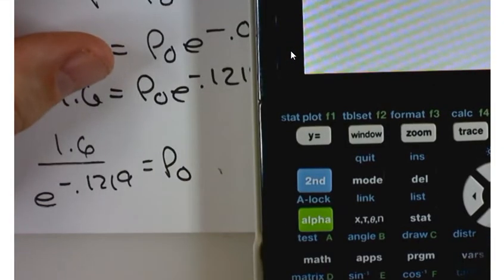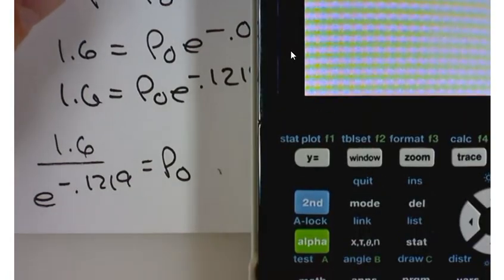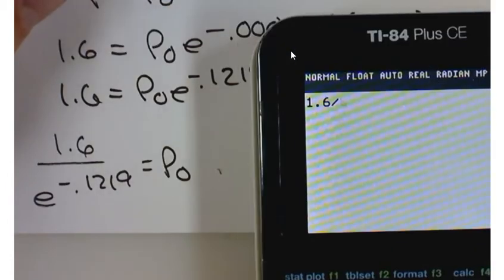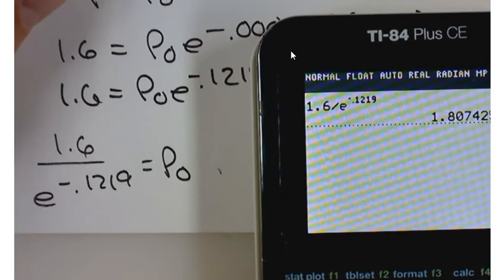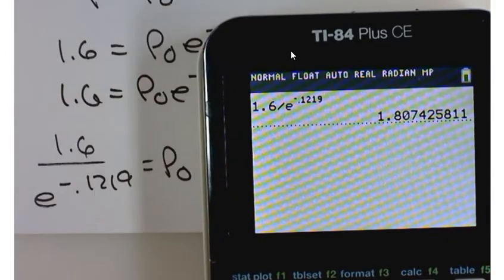Let's do that on a calculator. You could also do 1.6 times e to the positive exponent, but I'll do it with division. E to the negative 0.1219. So you started out with, that doesn't seem to make too much sense. 1.7? 1.8 grams?